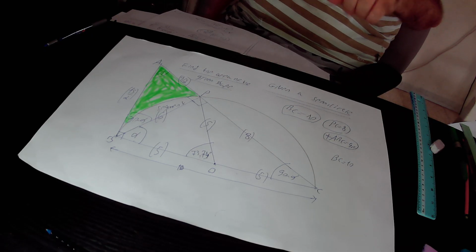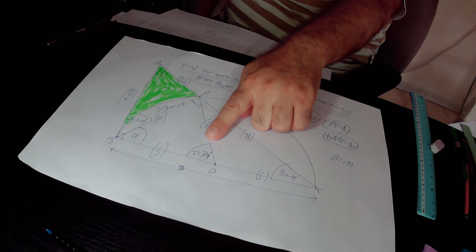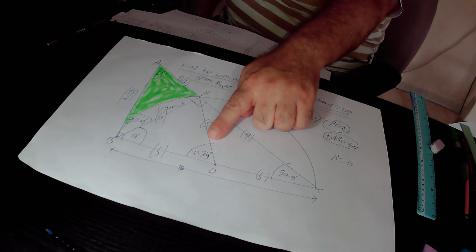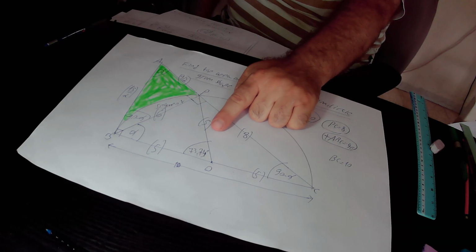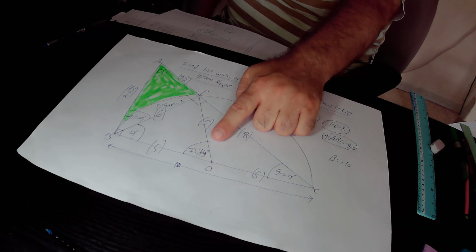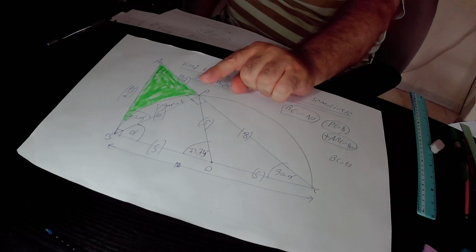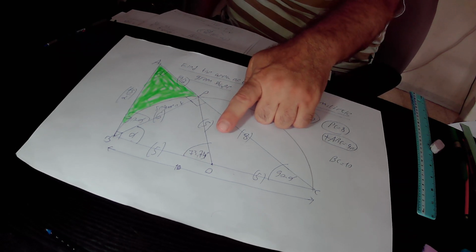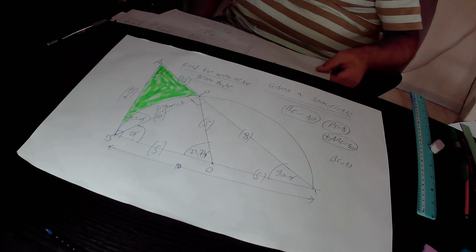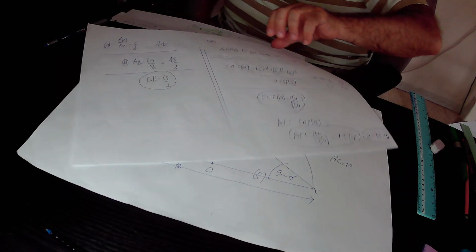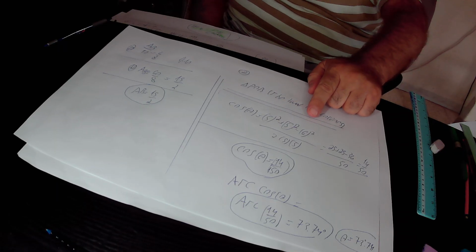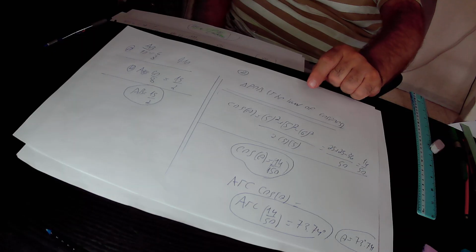We defined angle POB as theta, and we applied the law of cosines on this triangle POB. According to the law of cosines, in triangle POB, cosine theta equals 5 squared plus 5 squared minus 6 squared, over 2 times 5 times 5.